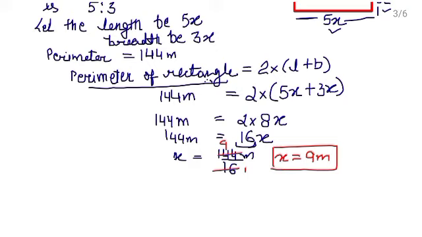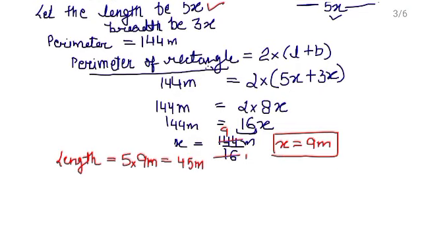But in the question they were asking about the length and the breadth. So what is length? Length is 5x. 5 multiply x is 9 meter. So 9 5s are 45 meter. This is the length.